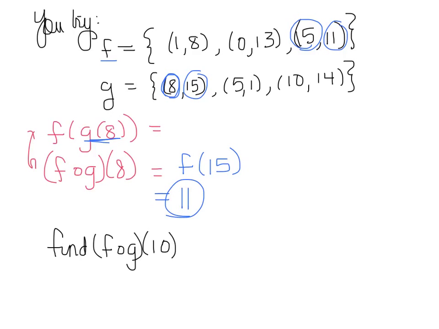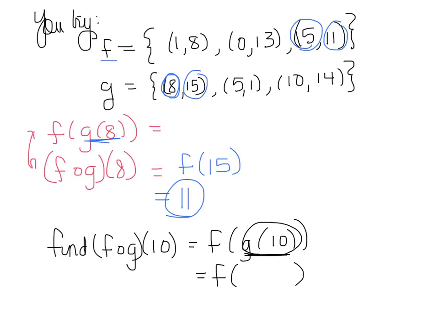If you were trying to take an F composite G of 10, you would call that F composite G of 10. So you start with that working definition where you use the 2 parentheses instead of the composite symbol. But then we're going to do the G of 10, do the inside first. So I'm going to replace G of 10 right here.